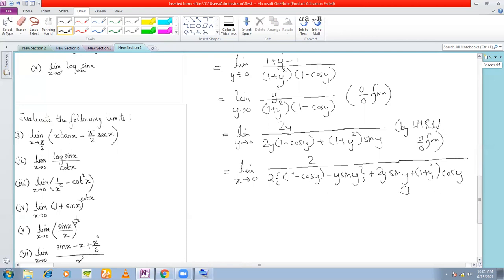This is by LH rule. Okay. Now if you see, if you put x is equal to 0, now you're getting a determinate form.